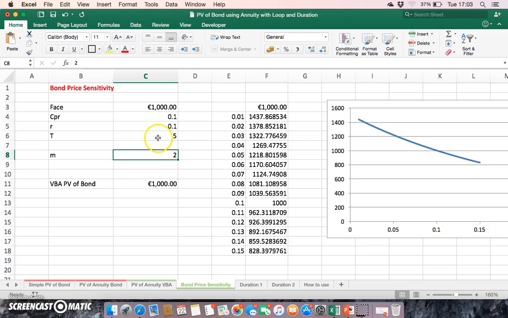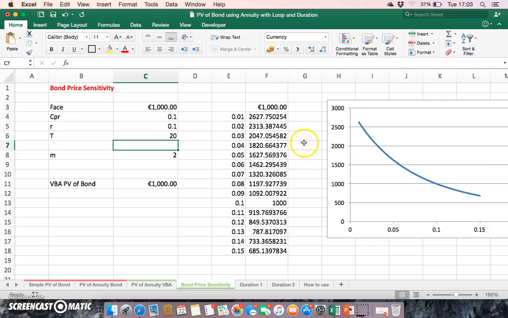If we change this to 20 years, 30 years, we can see that the relationships become even more convex, right? So if we re-estimate the bond for different interest rates, the bond price we can see is not a straightforward linear relationship, it's actually convex.